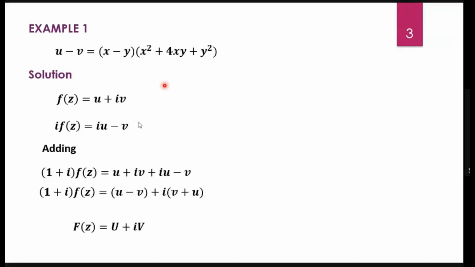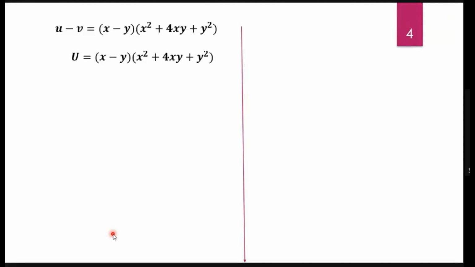So in the next step I will write capital U is equal to this. The earlier steps are the same as what we did before. Now since u minus v is given from the previous step, I get capital U equal to that. Now the same procedure we have done for real part, imaginary part so far, the same method has to be followed.